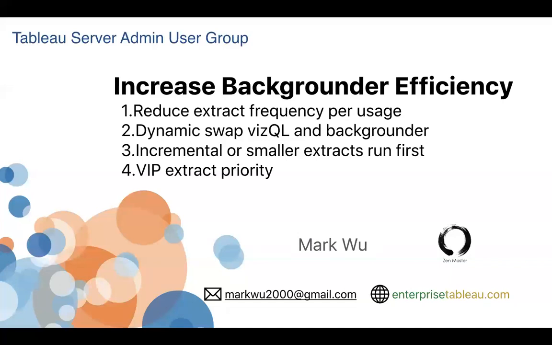The last one probably has less impact, but there are some tips and tricks if you have to make some VIP extracts higher priority. Again, the most significant impact will be number 1 and number 2. Number 1 is mainly to reduce unnecessary demand. Number 2 is to give you additional machine power, specifically background power. Okay, let's dive into that.